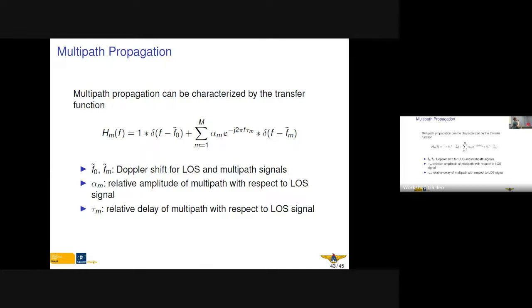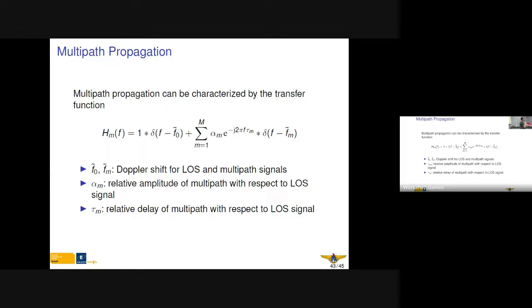And we have then here alpha, the relative amplitude of the multipath with respect to the line of sight, because the line of sight signal is not attenuated. And we have tau_m. This is the relative delay of the multipath with respect to the line of sight signal.